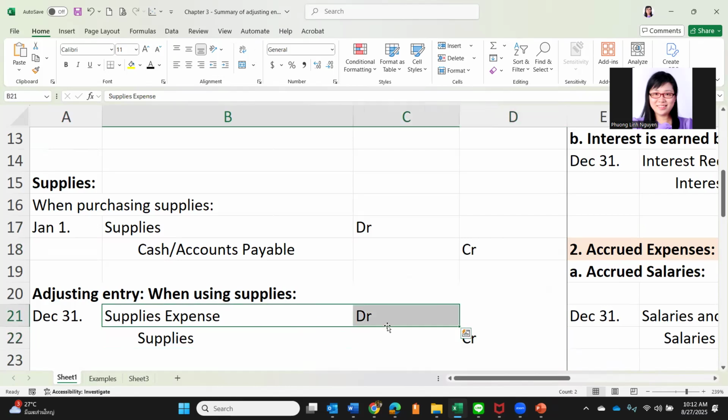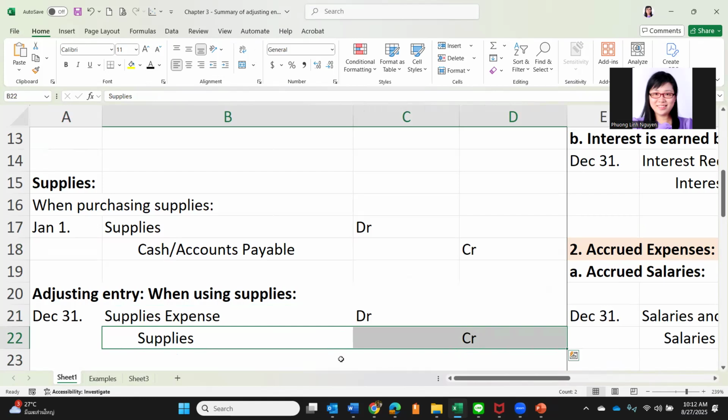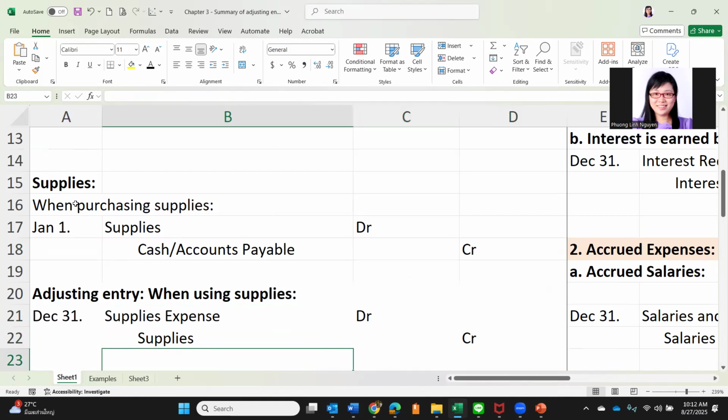Why? Because we already used the supplies for 1 year. So we will have a supply expense increase, and our supplies are assets. Since we use it, our supplies will decrease.